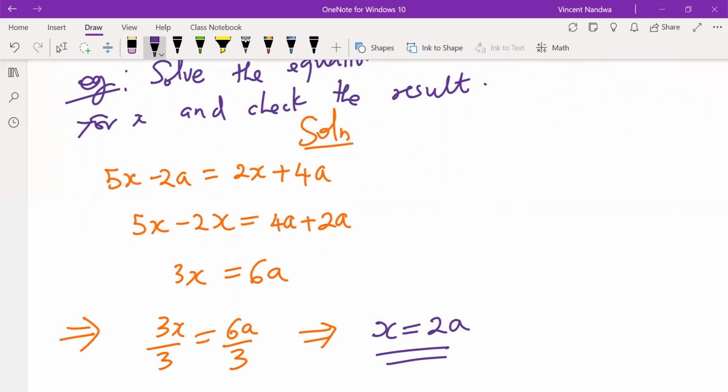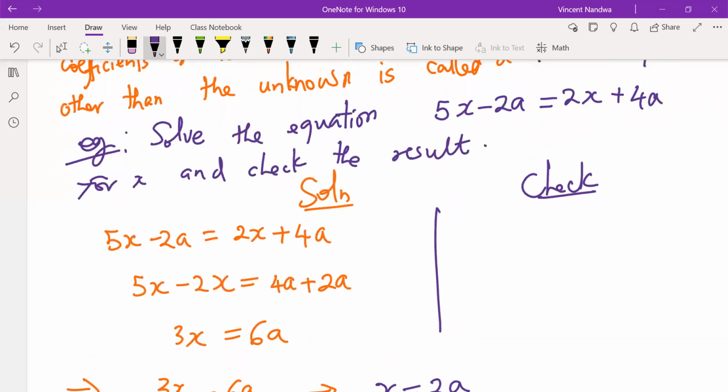Now, to check simply means that we replace this x with what we have gotten, 2a, and show that both sides of the equation are balancing. So 5 times 2a minus 2a, we want to check whether it will be 2 times 2a plus 4a, because we are claiming that x equals 2a.